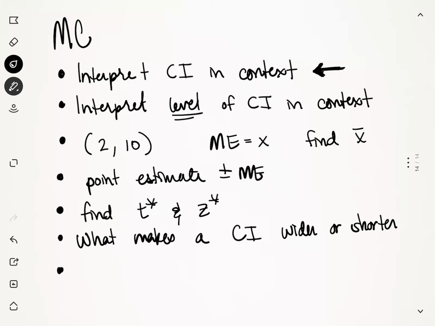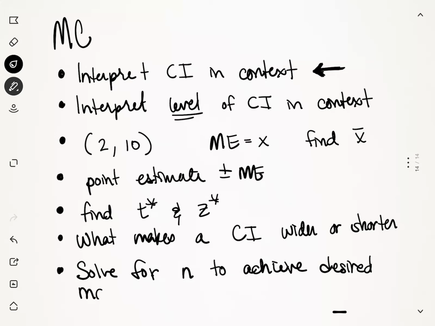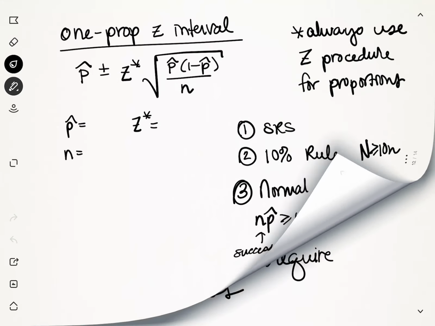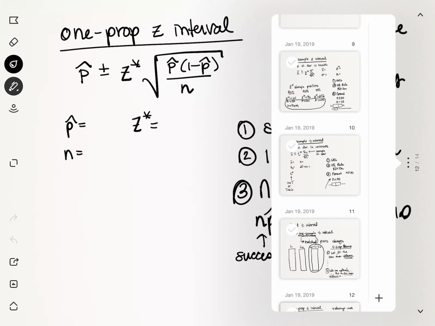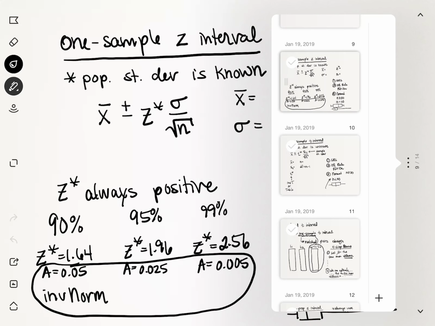And then lastly, you should be able to solve for n, which is the sample size, to achieve a desired margin of error. What I mean by that is let's go back here and look at, for starters, our one sample z interval.